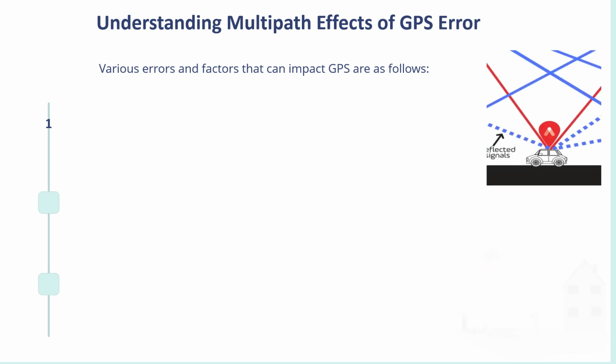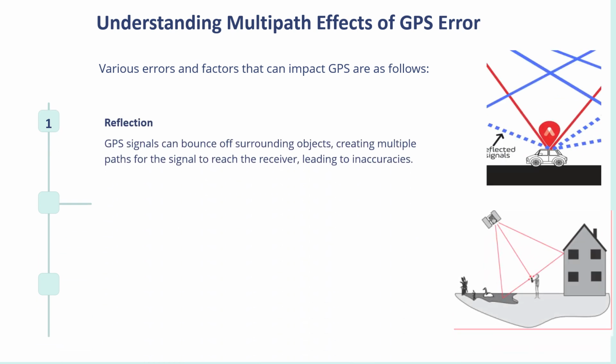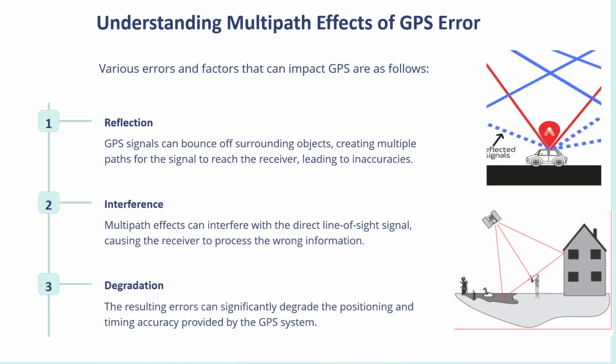So when we are understanding the GPS multipath error, we have already talked about reflection. The GPS or satellite signals can bounce off surrounding objects. It can create multiple paths, so it will take more time to reach the receiver, and inaccuracy will happen. These multiple paths can interfere with the direct line of sight signal.